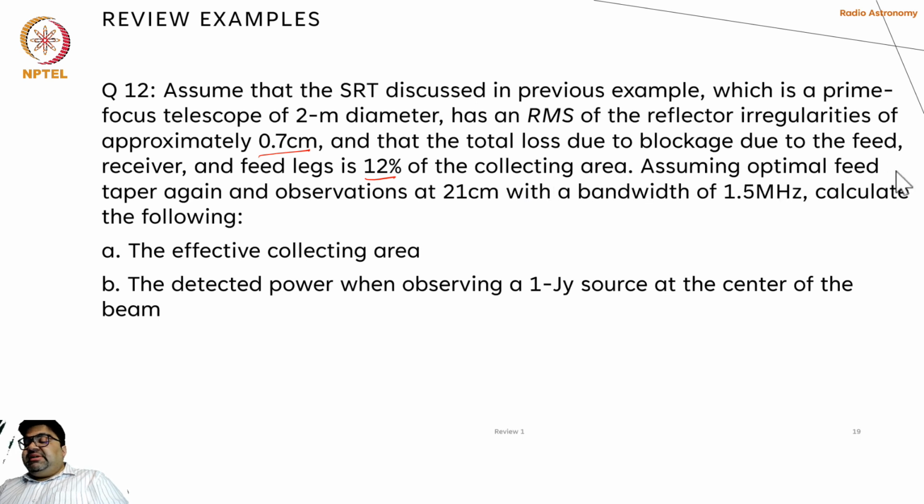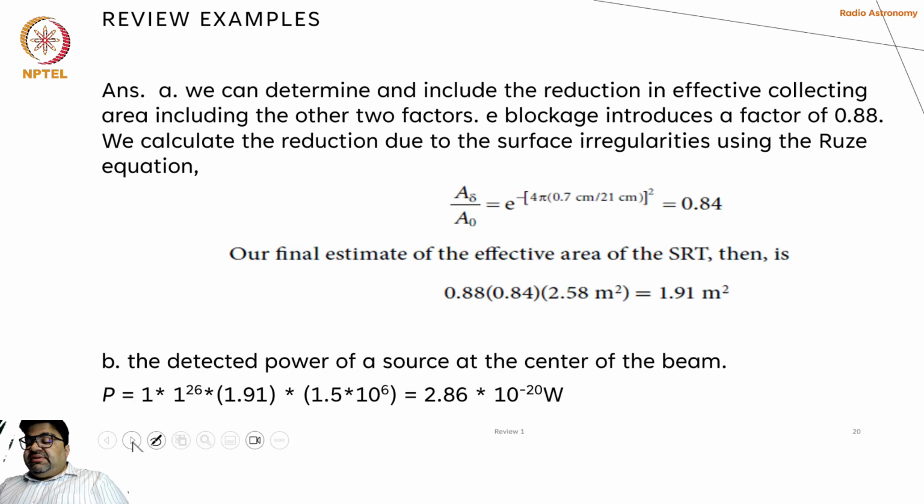Assuming optimal feed taper, again observing at 21 centimeter with a bandwidth of 1.5 megahertz, calculate the following: the effective collecting area, A effective, and the detected power when observing a 1 Jansky source at the center of the beam, different from last time.